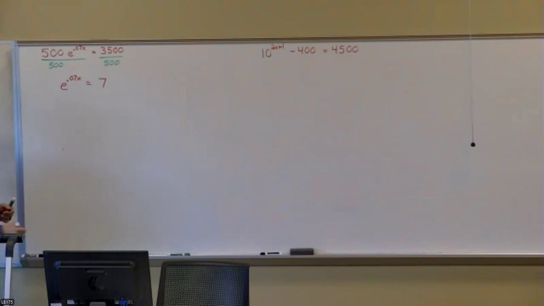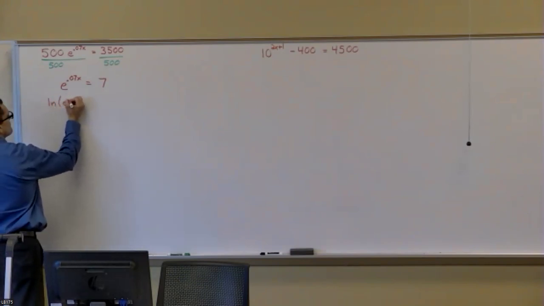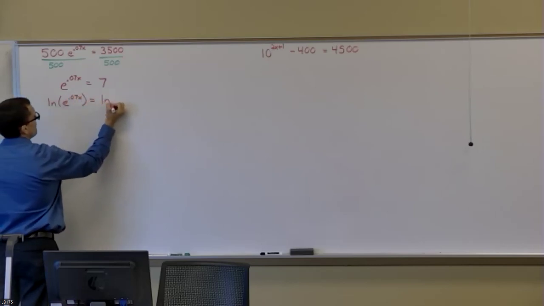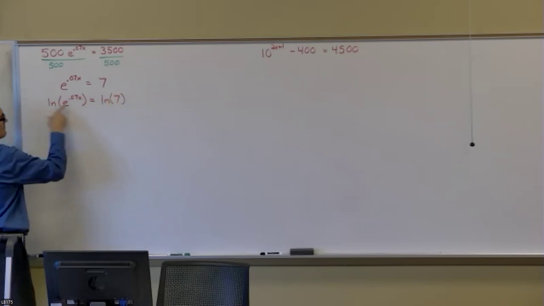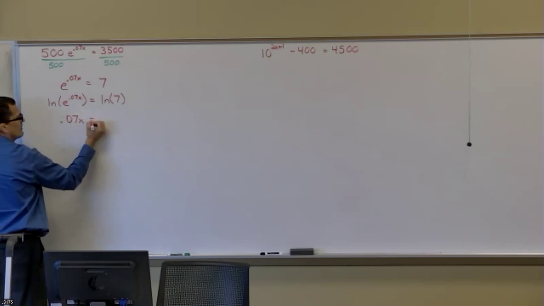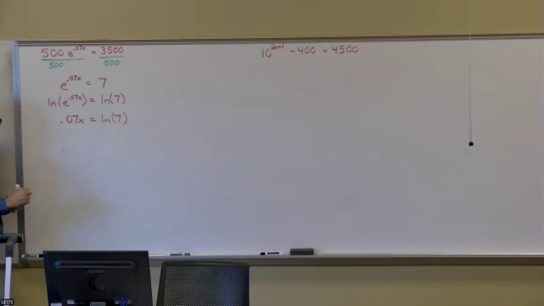And then, again, I like to apply natural log to both sides. Once you've done that enough, a lot of times people would skip writing this step and just write, oh, that's 0.07x is equal to natural log of 7. So I like putting all the steps in when I'm taking notes, but if you're hard pressed for time, skip that step.